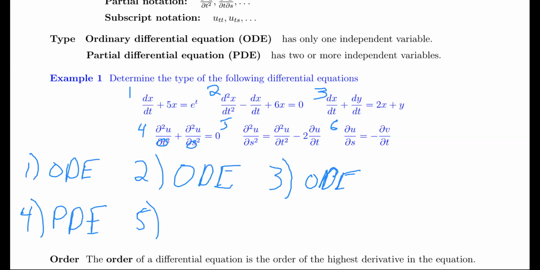Again, there are two independent variables here, s and t, so this is a PDE. And in 6, again, we have two independent variables, s and t, so PDE.